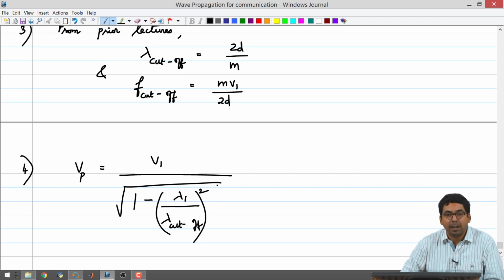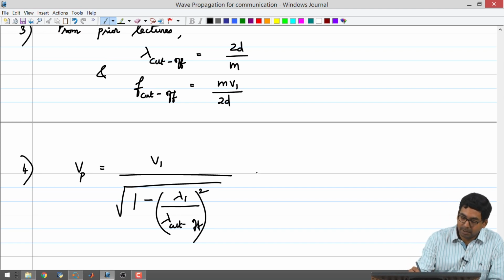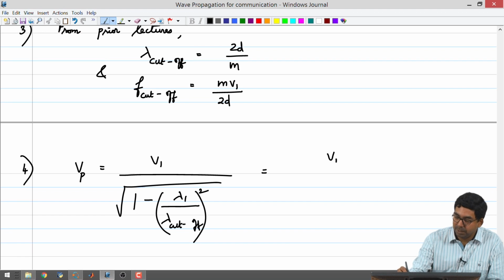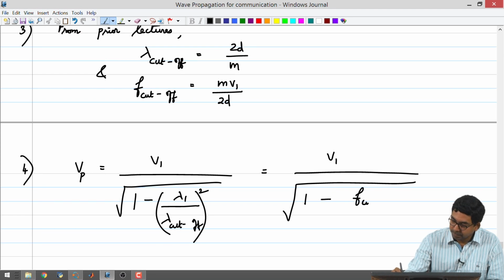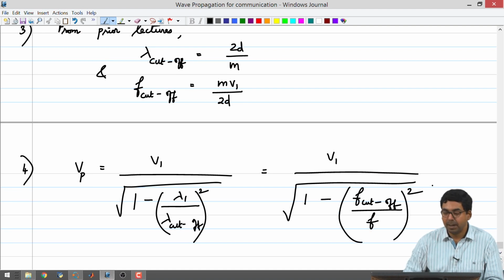So, I have lambda divided by lambda cutoff. I could also write this ratio in terms of frequencies assuming a velocity. So, I can just write this in terms of cutoff frequency and frequency, f cutoff divided by f.